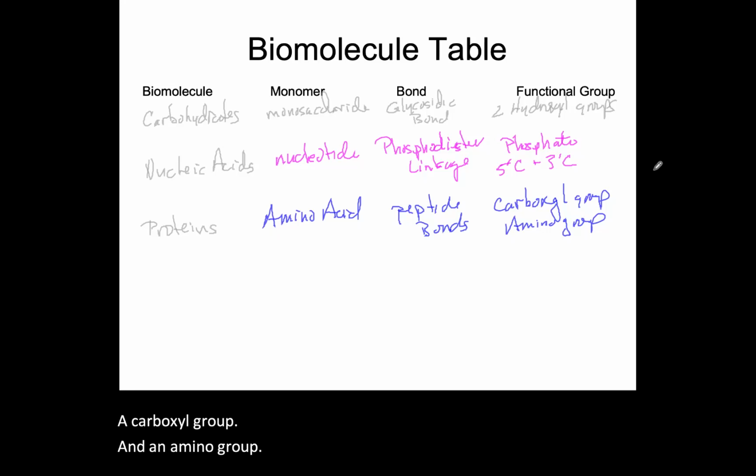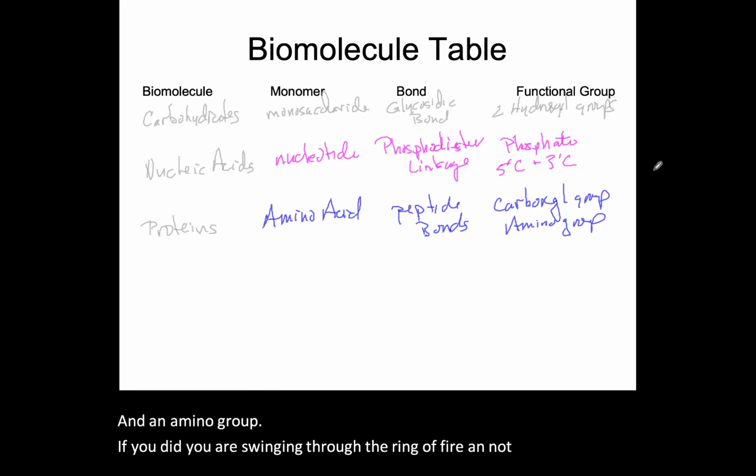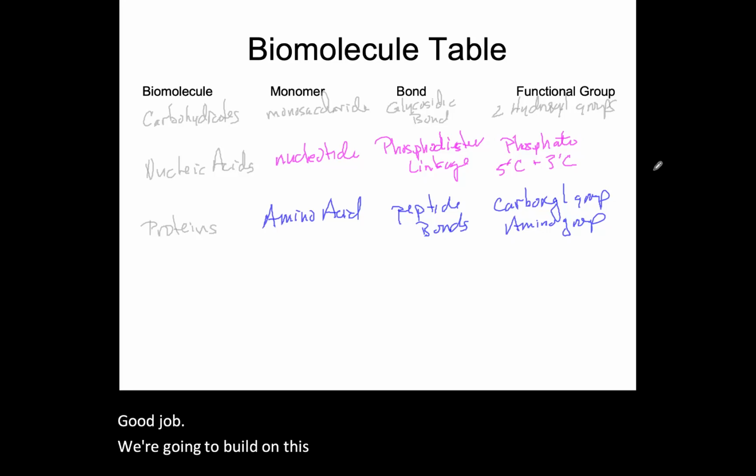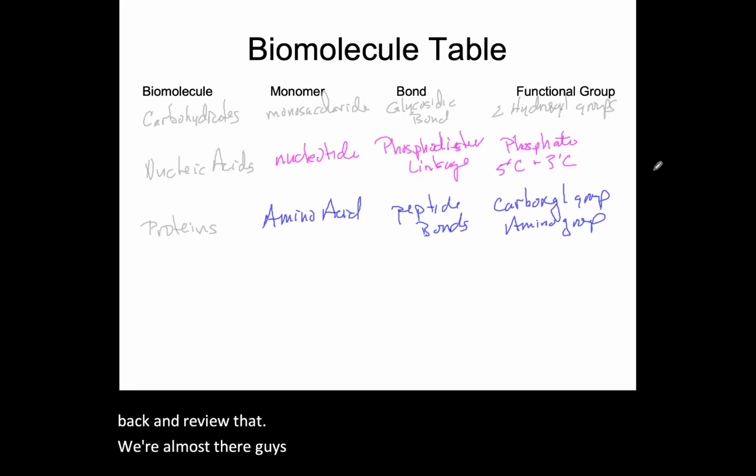If you did, you are swinging through the ring of fire and not being burned. Good job. We're going to build on this, so keep reviewing it. If you missed anything, go back and review that. We're almost there, guys. Almost there.